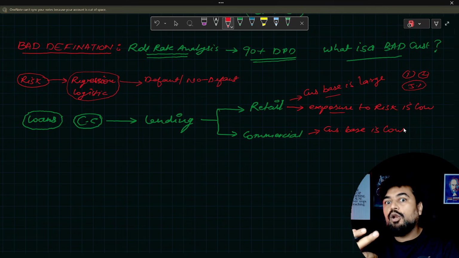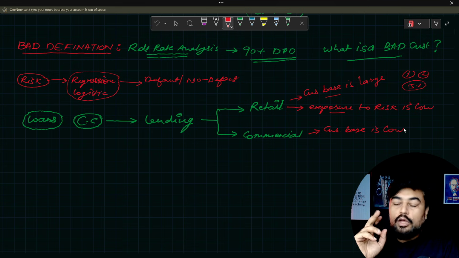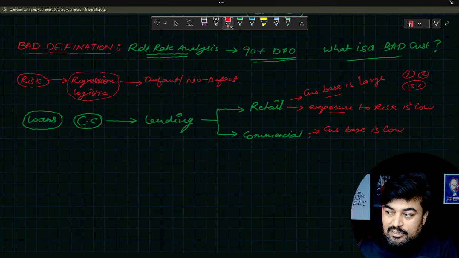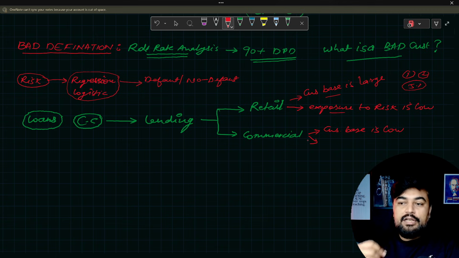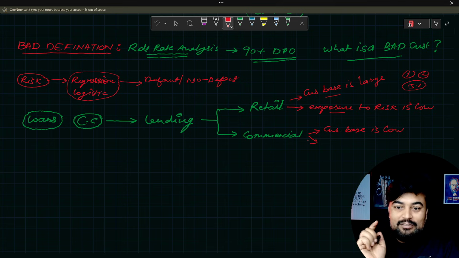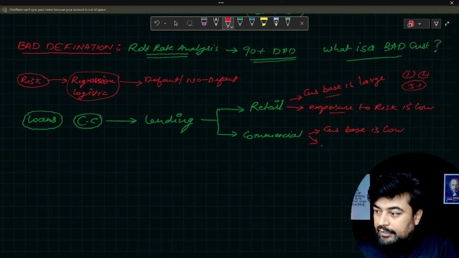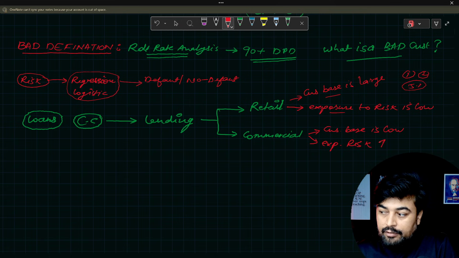Now that single loan can be more than the whole retail portfolio. So the customer base is low. Let's say the bank has only two customers, Infosys and TCS. And in retail, the whole Pune employee base of TCS, but TCS itself can take a loan which is greater than all the employees' loans, obviously, right? So here the exposure to risk is significantly high.